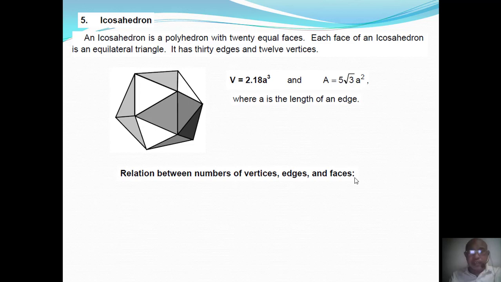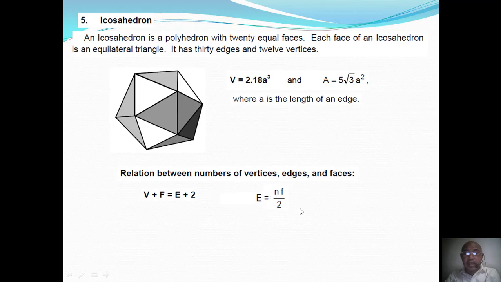Okay, so if V is the number of vertices, E the number of edges, and F the number of faces of a polyhedron, then V plus F is equal to E plus 2.